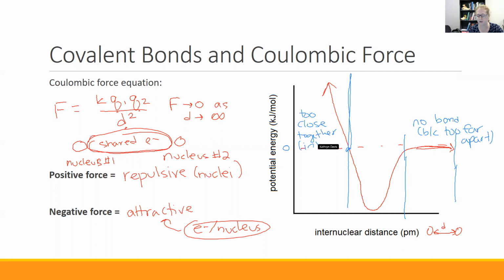So I have what we call internuclear repulsion. The nuclei get too close, they don't like it, and so they try to find another distance. And then here in the middle, this is bonding. I get a negative force.